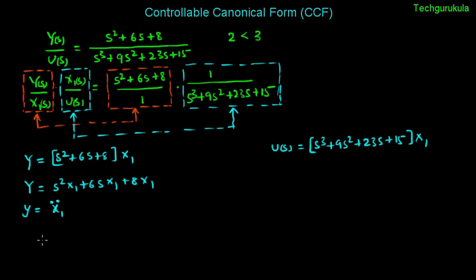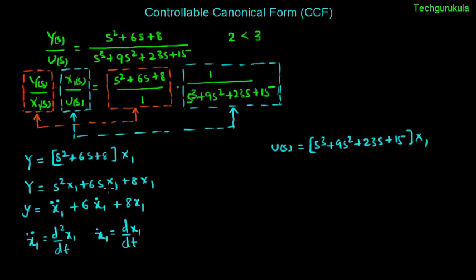So x1 double dot is actually the double derivative of x1 in time domain. So we have x1 double dot here plus 6 times x1 dot. As we are multiplying x1 with s in s domain, in time domain it would be x1 dot, the first time derivative of x1, and then plus 8 times x1.